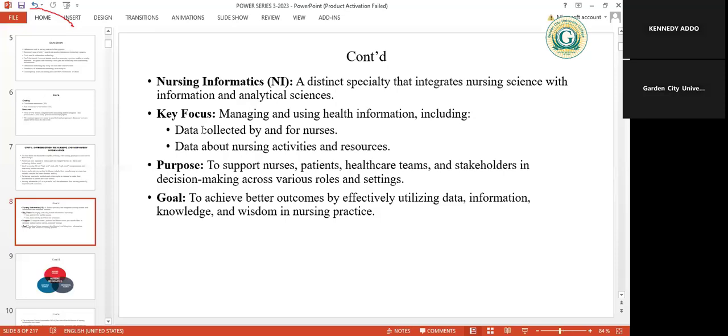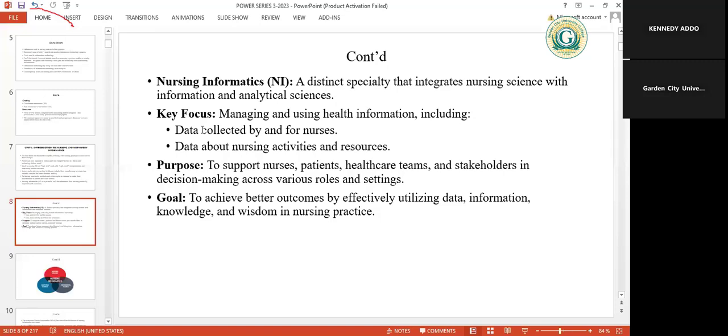We are also looking at data about nursing activities and resources. So the resources that are made available to nurses and midwives for them to be able to execute their tasks. And you also look at the activities nurses perform when relying on technology to drive healthcare outcomes.